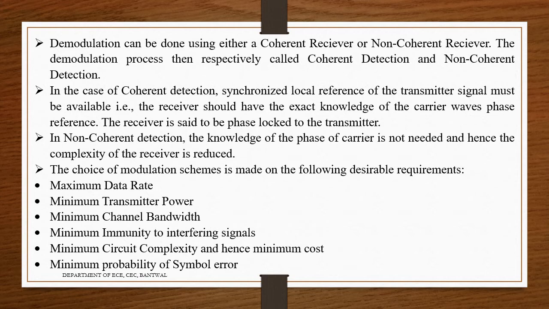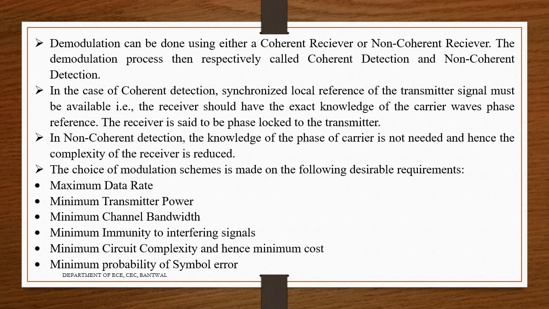Then immunity to interfering signals: it shouldn't get interfered with by external noises. Next, minimum circuit complexity. The circuit complexity should be very low, a simple circuit with minimum cost.